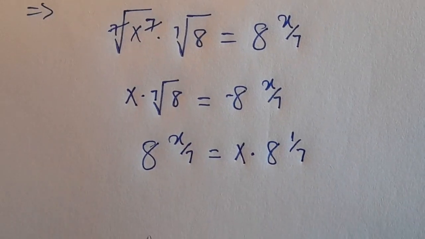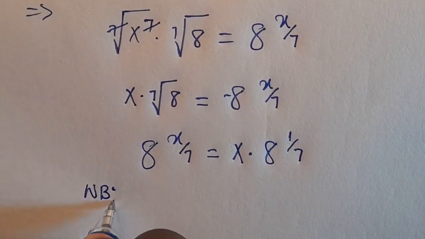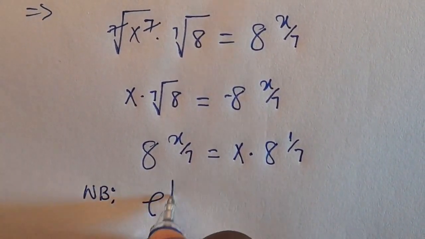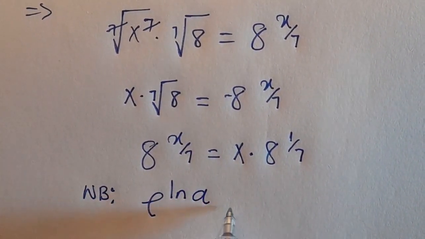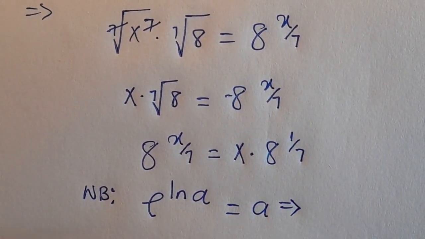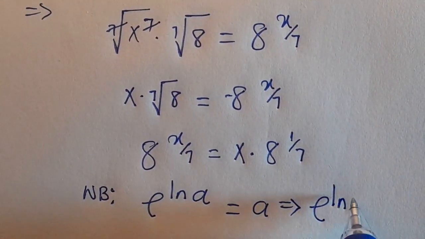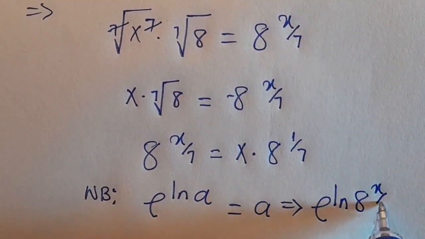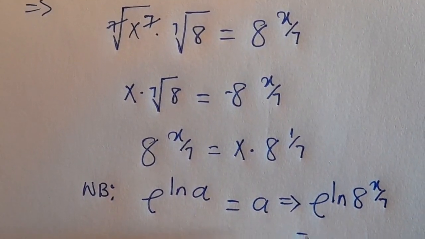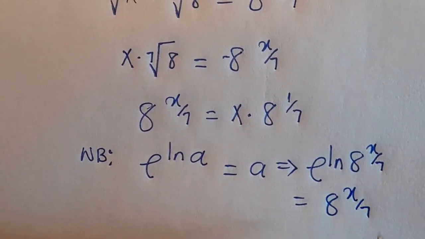Now guys, let us recall from law of exponents that when you have e to the power of ln of a, this will give us back our a. And this implies that when we have e to the power of ln of 8 to the power of x divided by 7, this will give us back our 8 to the power of x divided by 7.